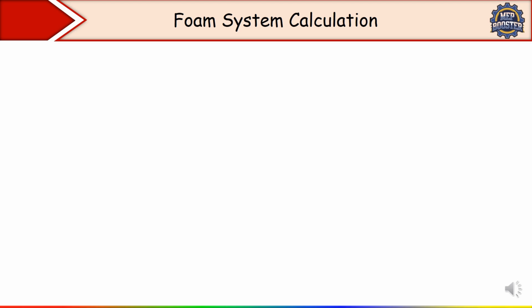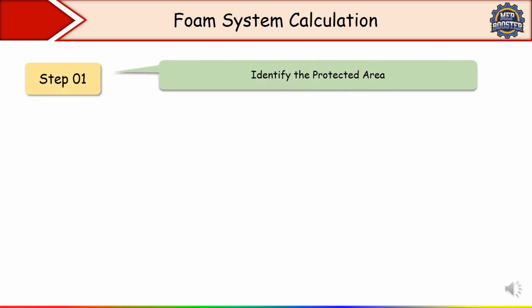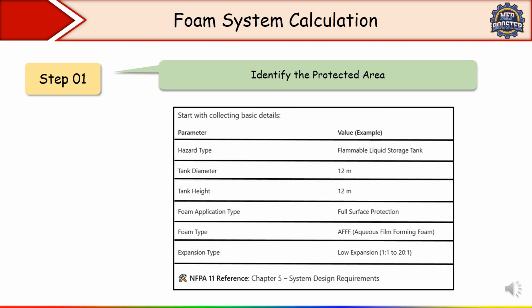Here I will show you how to calculate the foam fire protection system. So the first step is to identify the protection area. Try to understand, all of you, that you need to start with collecting basic details. For a foam system, the first thing is the hazard type, which type of hazard it is.